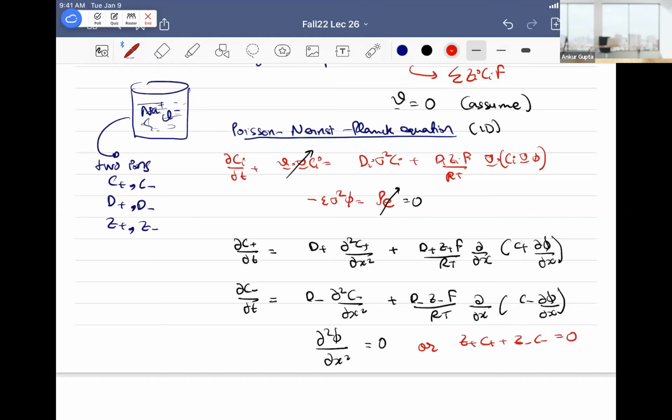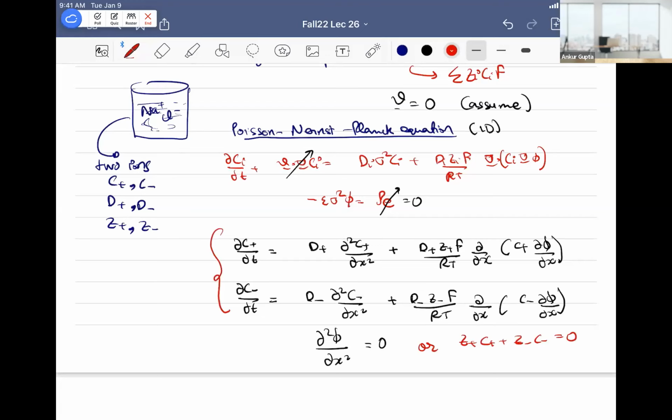Now, I have a question for you. So we have this equation, which is not really helpful because it's not helping me couple these equations, right? It's just a separate equation, just there. I can't really do much with it. I want to exploit this equation, Z plus C plus plus Z minus C minus equal to 0, using the first two equations. Does anybody have a suggestion how I can exploit this, and specifically the goal is to eliminate phi from the equation, right?